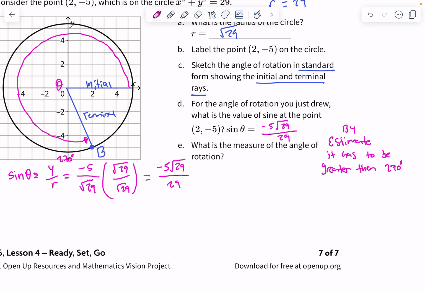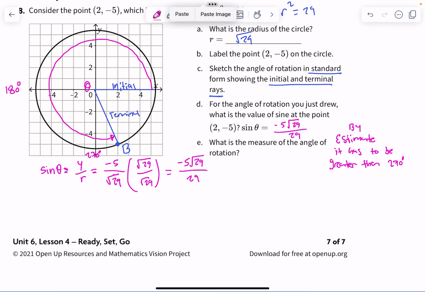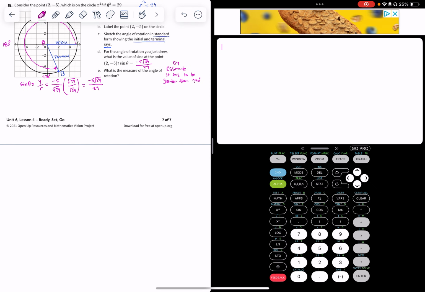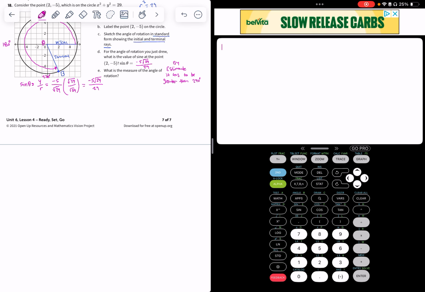Now, let's think about sine of theta. Sine of that point was this. Let's find that. Let's go to my calculator, and do second sine inverse of negative 5 times square root of 29, divided by 29.